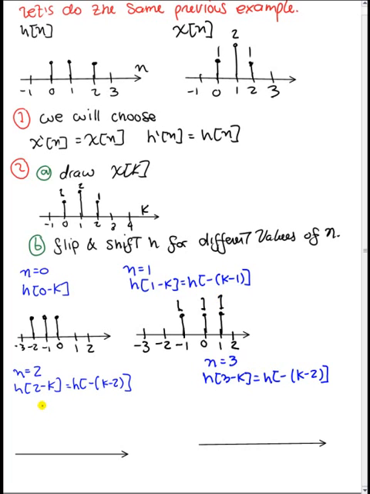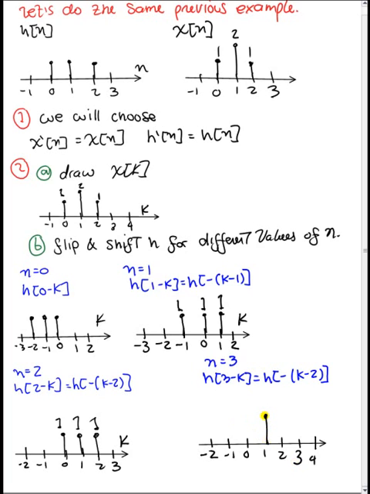And then for n equal to 2, again time reverse, but then a delay of 2 units. Remember, this is all k axis. And finally, the last one is a time reversal with a delay of 3 units.